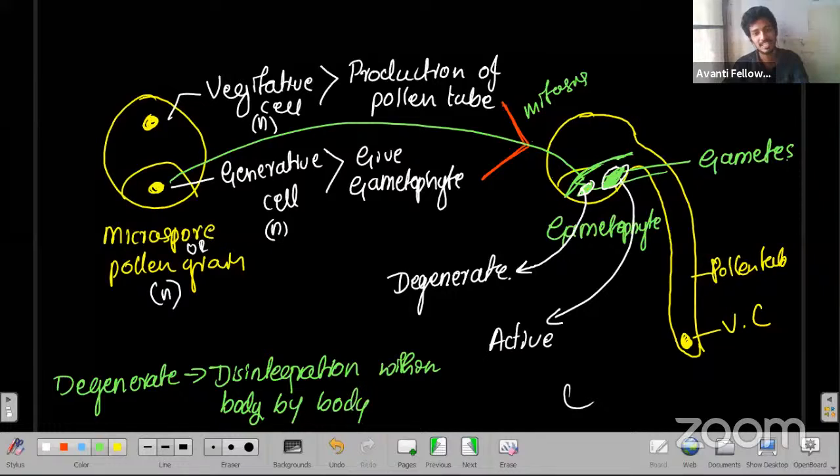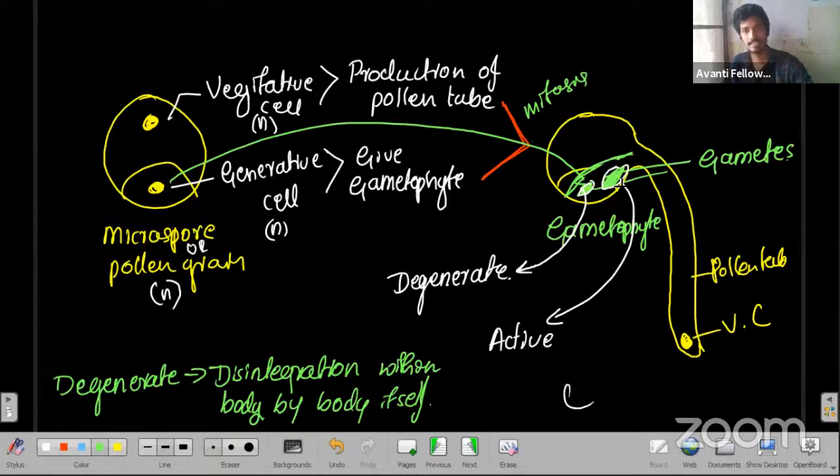It's not actually a 100% definition, but this definition helps to understand things. Degeneration means disintegration of the materials or the cells within the body by the body itself, by enzyme action. And Akshay, as for the answer, the gamete-containing pollen grain structure, the three-celled gametophytic stage or three-celled pollen grain stage, is called gametophyte.